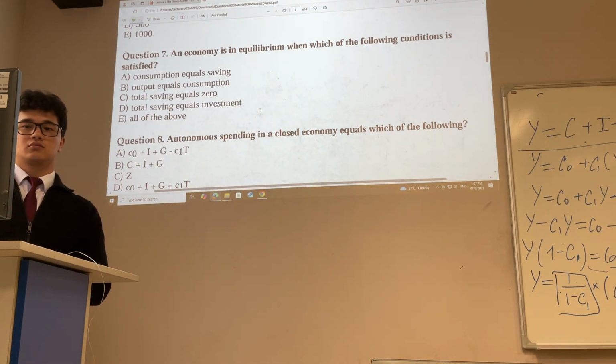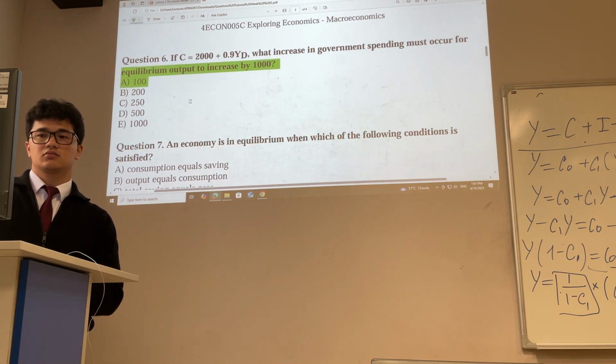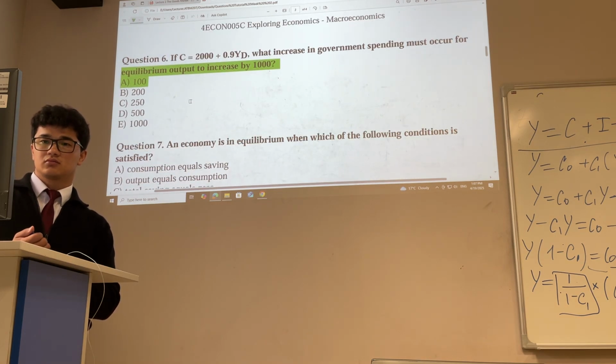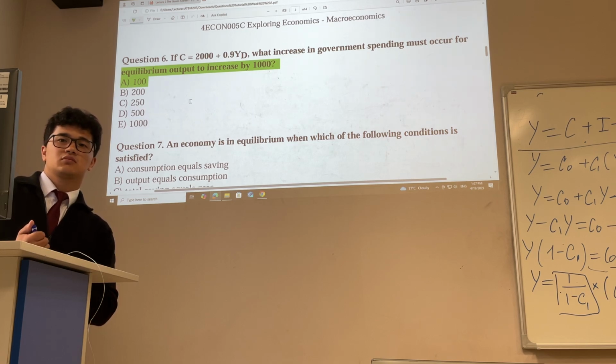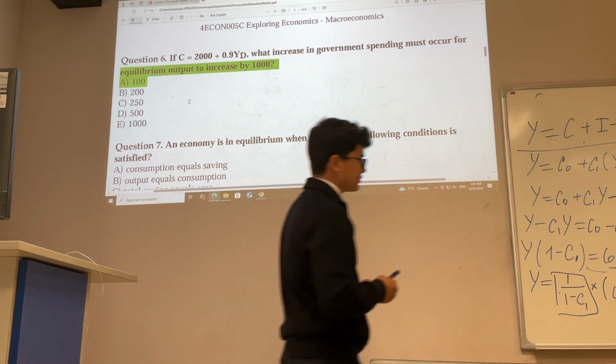About the last question, question 6. Let's say only government spending in this case, but could it be the same for investment? Autonomous spending or investment? Yes, for the investment, yes.